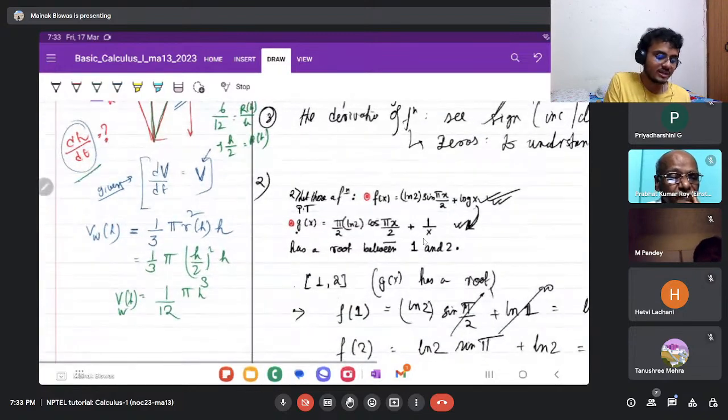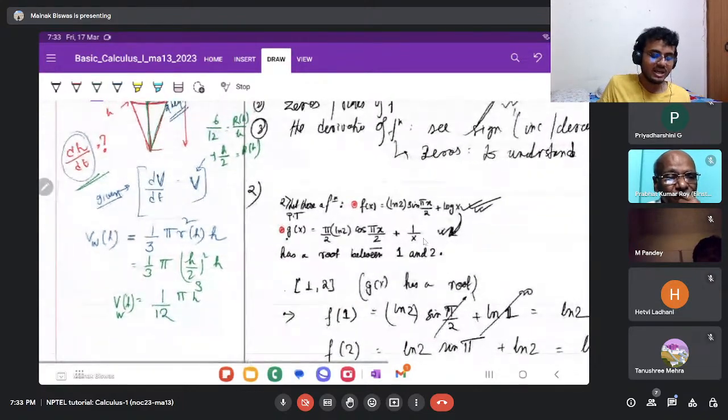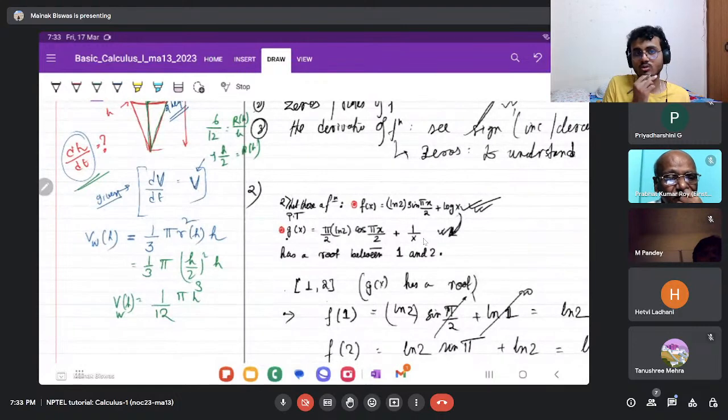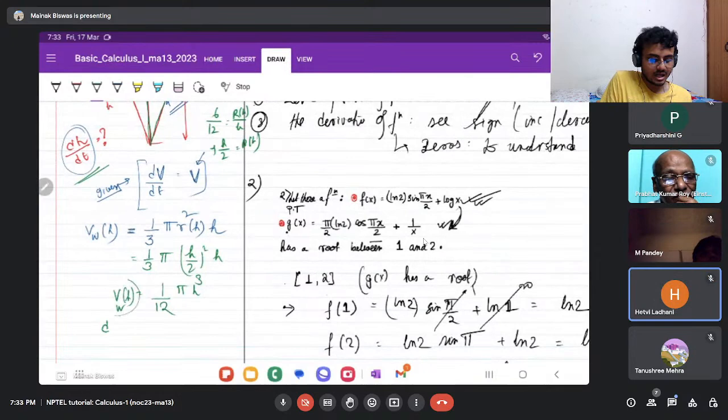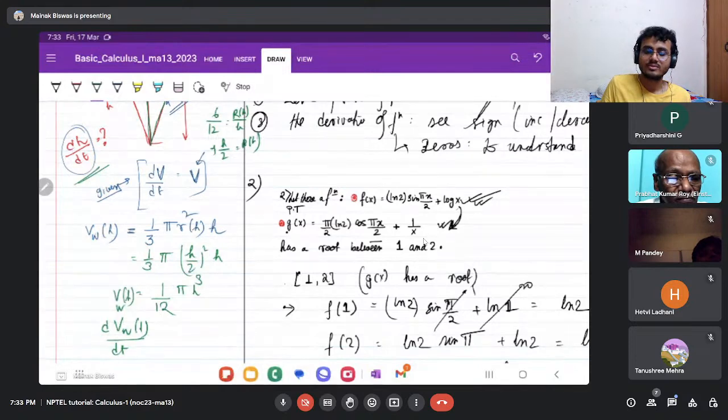What I need is dh/dt. I only know V of h. So I know, differentiate with respect to t. But how can I differentiate this with respect to t? Okay, that's an intelligent answer. So you're telling me you differentiate with respect to t like this, right?